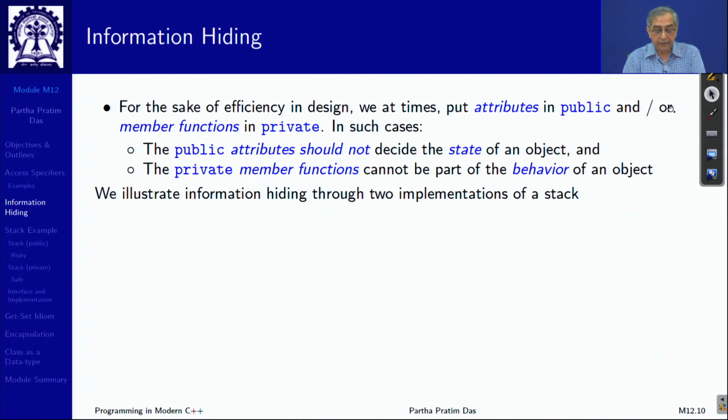So, for the sake of efficiency in design, we at times put attributes in public or member functions in private, as I have already mentioned. When you put an attribute in public, you have to make sure that in your design, the value of that data member does not decide the state of the object, because otherwise your information hiding property is lost.